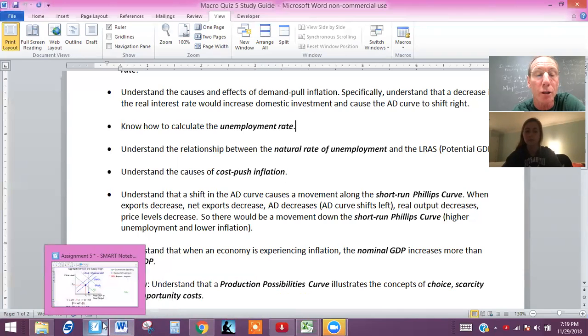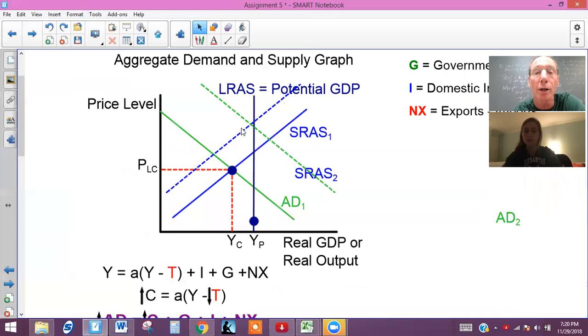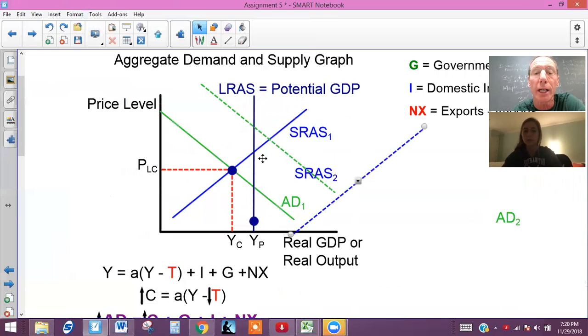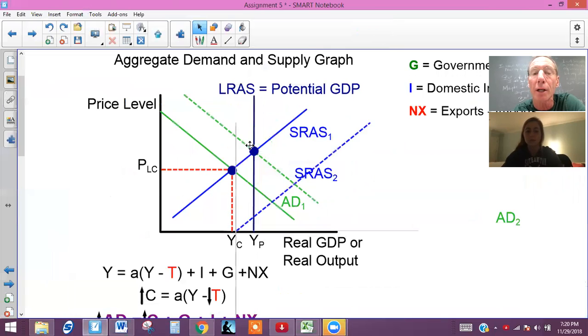So when we do anything to shift the aggregate supply curve, if we're operating here in the economy and the aggregate supply shifts up from here, we're going to get price levels above where they would be at our potential, because the aggregate supply curve is shifting to the left, and we call that cost push inflation.